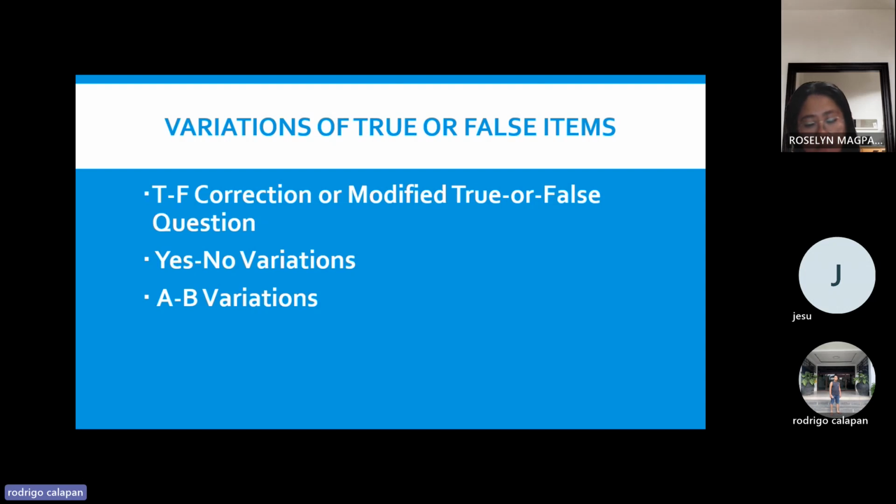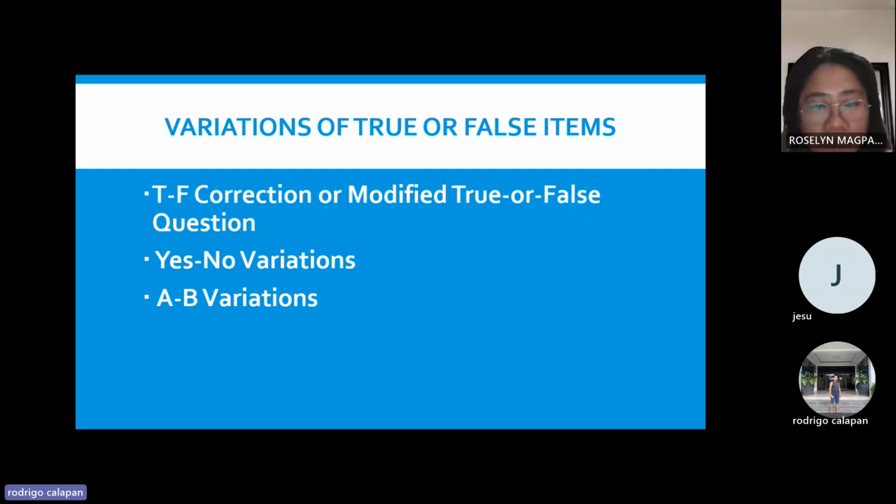Another variation is the yes-no variation. In this format, the learner has to choose yes or no rather than true or false. Sometimes we do that: write yes if the statement is true, write no if the statement is false. Another one is the A-B variation. In this format, the learner has to choose the letter A or B rather than true or false.